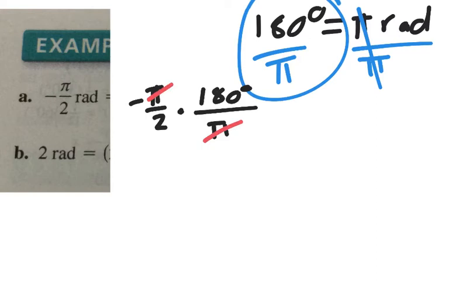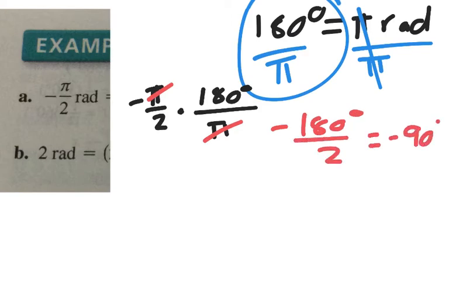So in this case, the pi's cancel, top and bottom, and I have negative 180 degrees over 2, which is negative 90 degrees. So again, this is going to be a rotation clockwise to go down to negative 90. That's what the negative tells me. The negative tells me the direction of the rotation. So again, I would be going clockwise, which means I would be going in this direction.